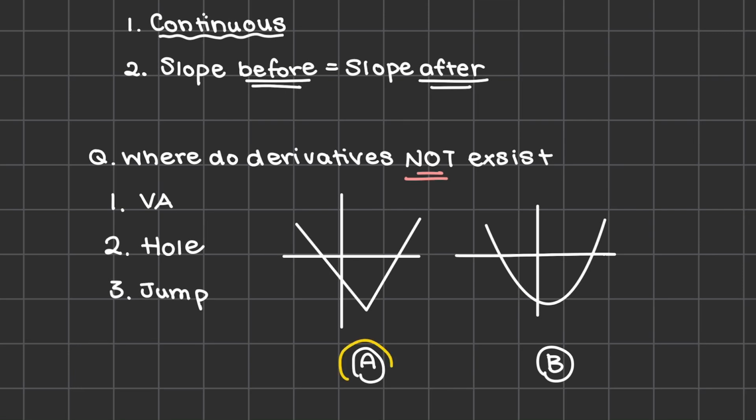It's option A. That's not right. Okay, so let's talk about exactly why. So in option B, the slope before and the slope after are pretty much the same. Yes, it slowly changes as we've discussed before. The tangent line is slowly getting less steep as you continue. However, it's going at a gradual process. On the other hand, right here, you're not going at a gradual process at all.